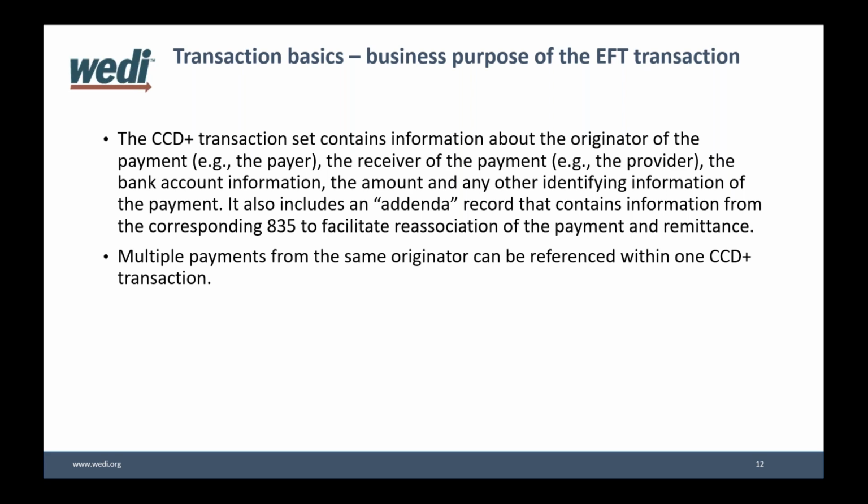The CCD Plus also includes an addenda record that contains information from the 835 so that you can reassociate that 835 to the payment itself. Multiple payments from the same payer can be referenced within one CCD Plus transaction.